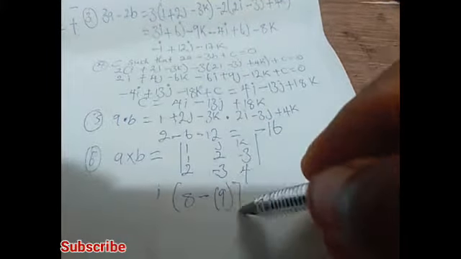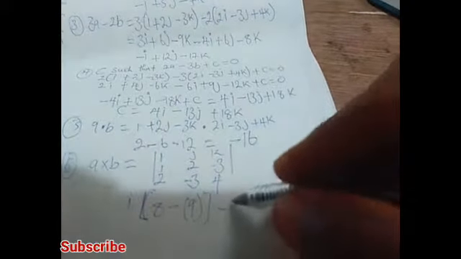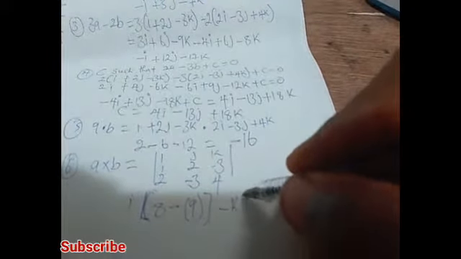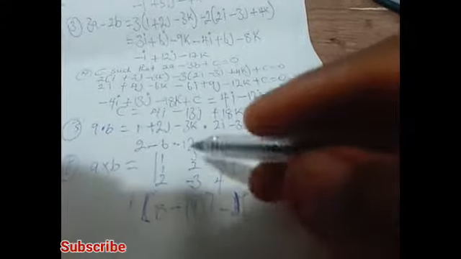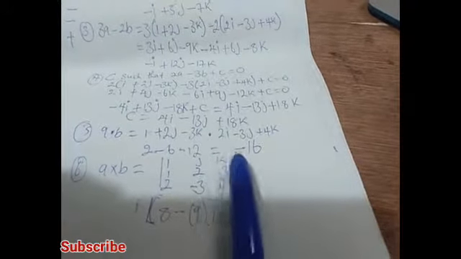There should be a bracket, and the signs alternate: plus, minus, plus, like i, minus j, plus k. Now for j, you close the j column: 1 and 2, minus 3 and 4.